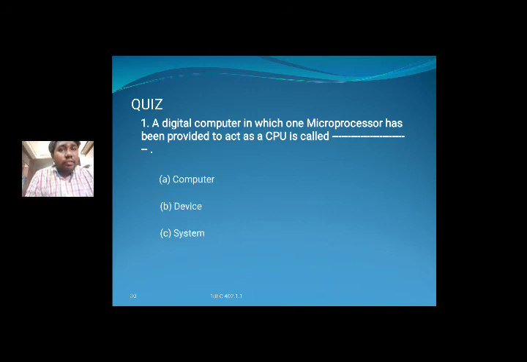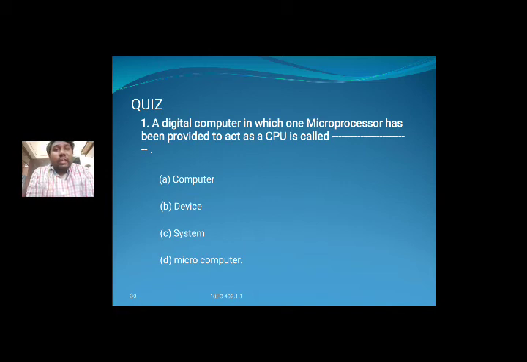The first question: a digital computer in which one microprocessor has been provided to act as a CPU is called.